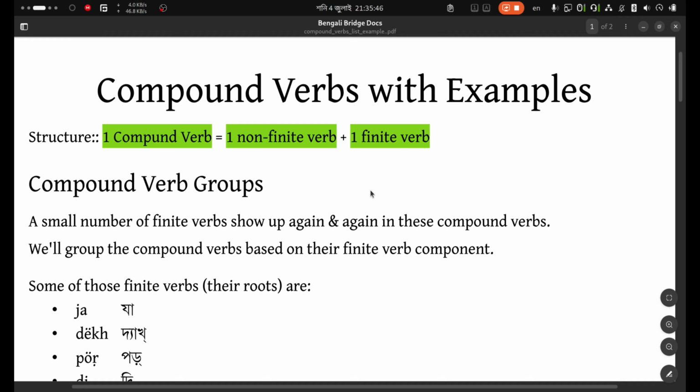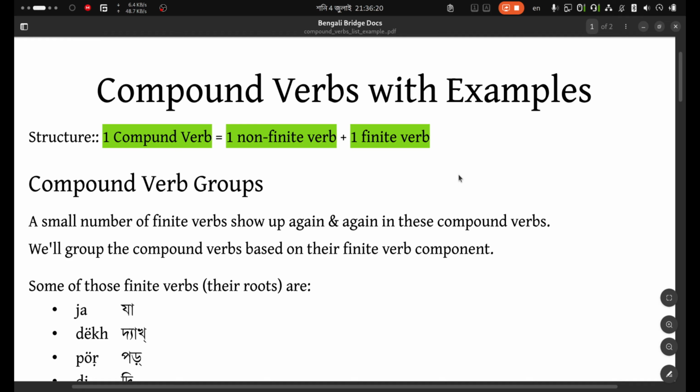They act like something closer to a noun. I think you already know that. And the next one will be a finite verb. That finite verb part will be the repeating part. You will see those finite verbs in a lot of compound verbs.